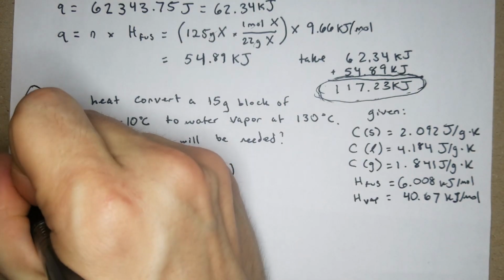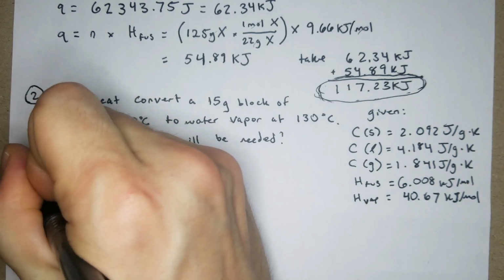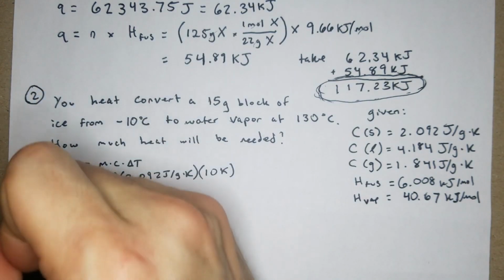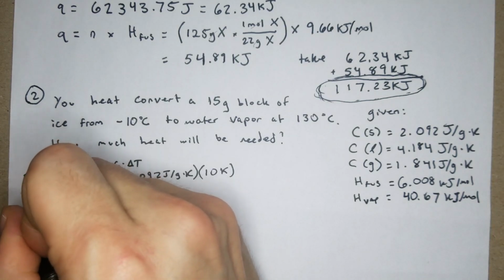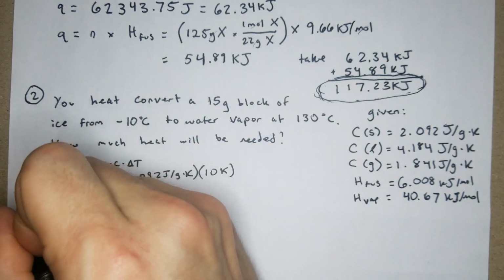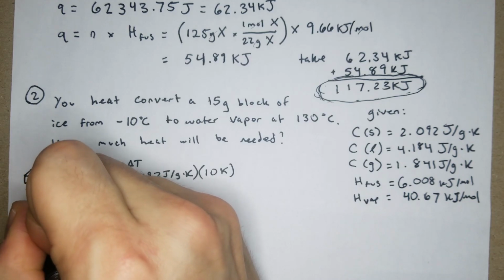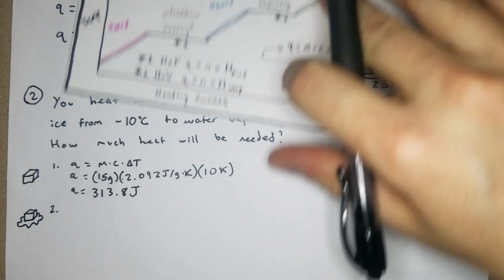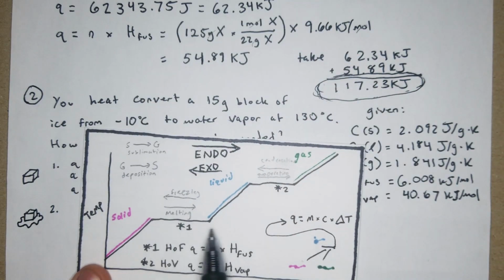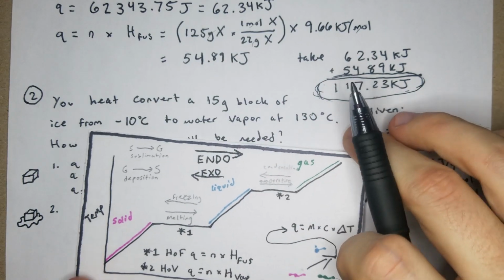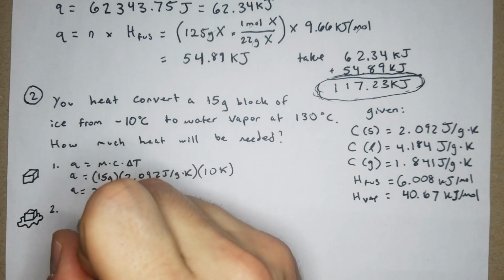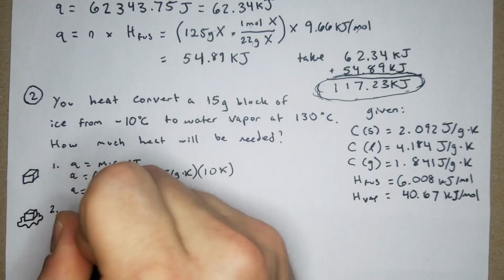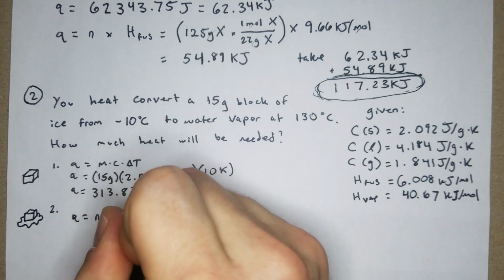So now, in this crude drawing, a block of ice, we're going to try to get it to basically start melting. We're on this line here, so we're going to use the heat of fusion formula. Q equals n times heat of fusion.